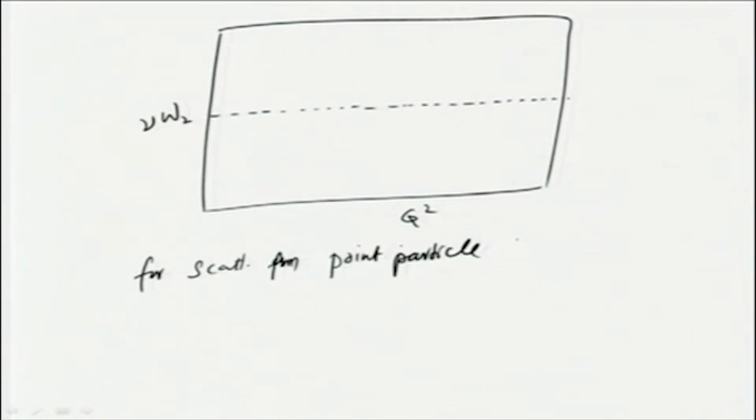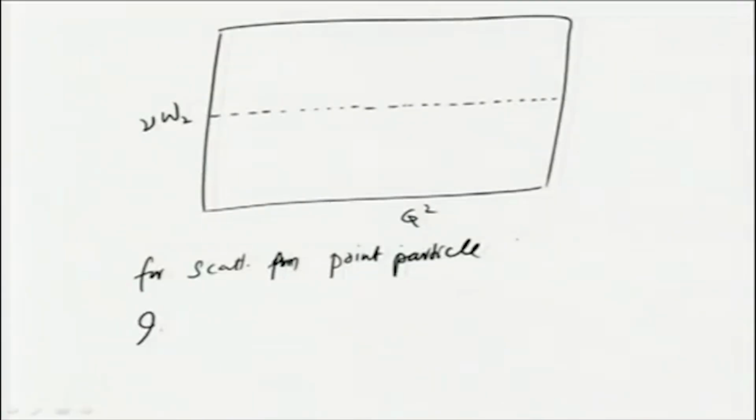From the theoretical expression that you have, given in the earlier slides, you try to fit to the observed data for various different q square values, and then see that the extracted W2 behaves like this, that is, it is independent of q square. This is the expectation, and it has indeed been experimentally verified.